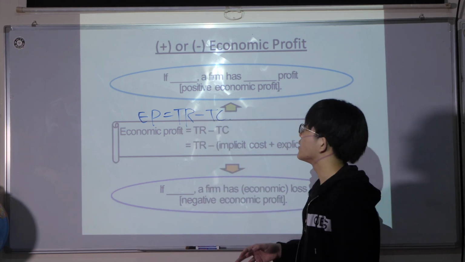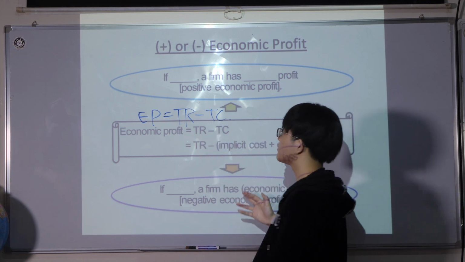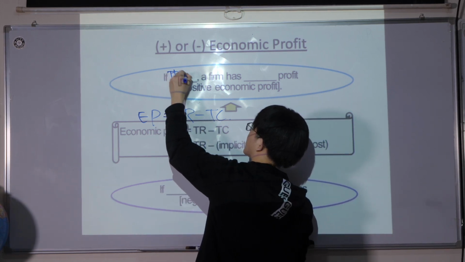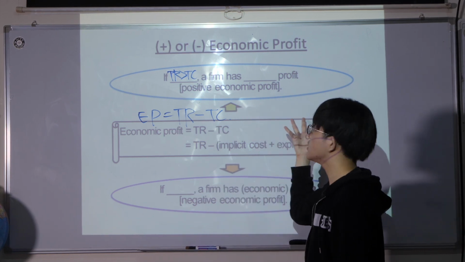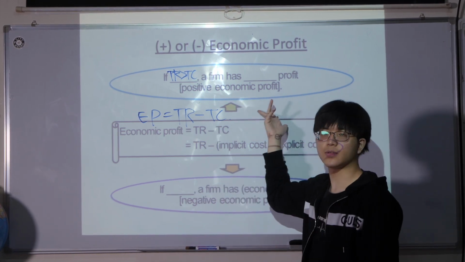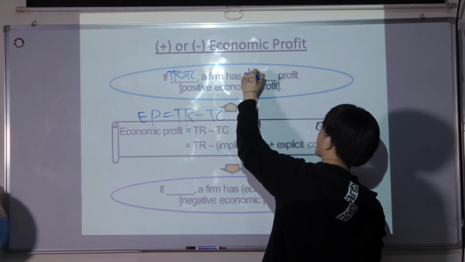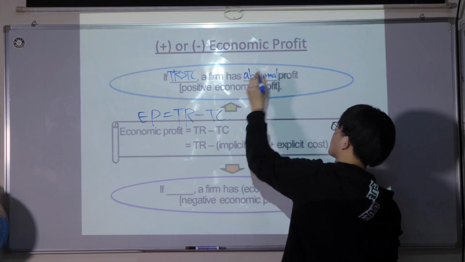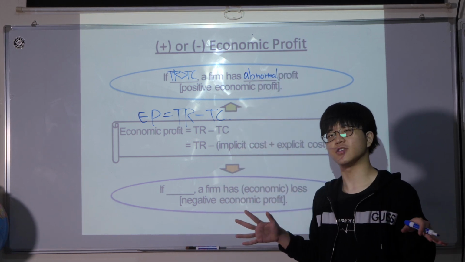Then, if TR is greater than TC, the revenue is bigger than cost, right? Then the firm has a positive economic profit, which is abnormal profit. So it's not actually a normal situation.